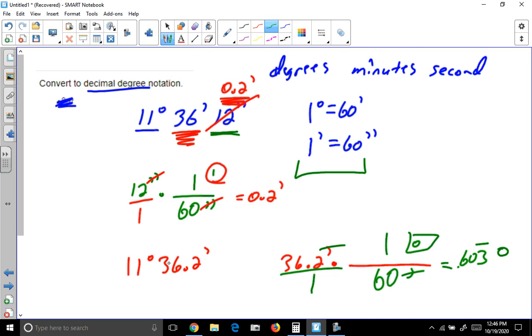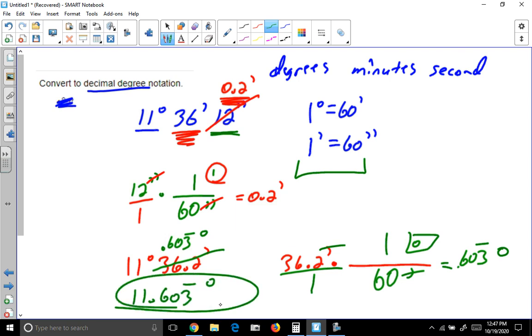So that means if we convert that portion into degrees, that's 0.603 degrees. So if we have 11 degrees and then 0.603 degrees, we have a total of 11.603 degrees. And this would be exact, or we could round that to however many decimal places are required.